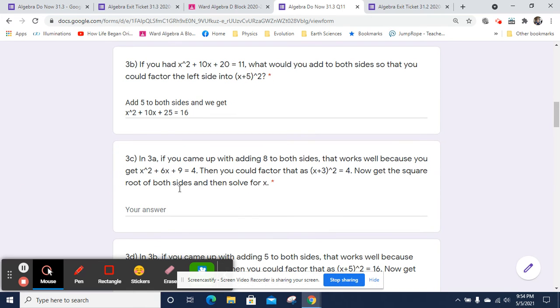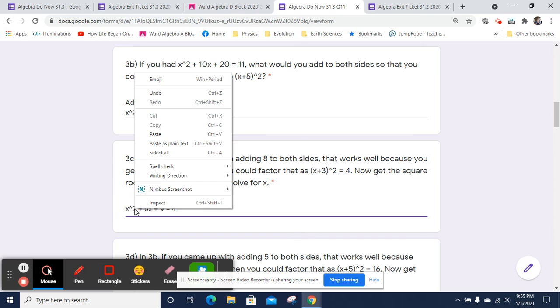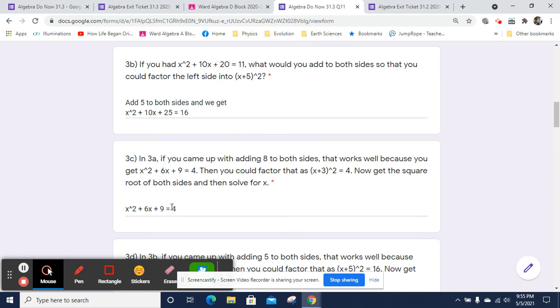If in 3a you came up with adding 8 to both sides, that works pretty well, and you would have ended up with this. And then you could factor that into this. So this here, I can just copy paste this down here. Okay, this can factor into this.